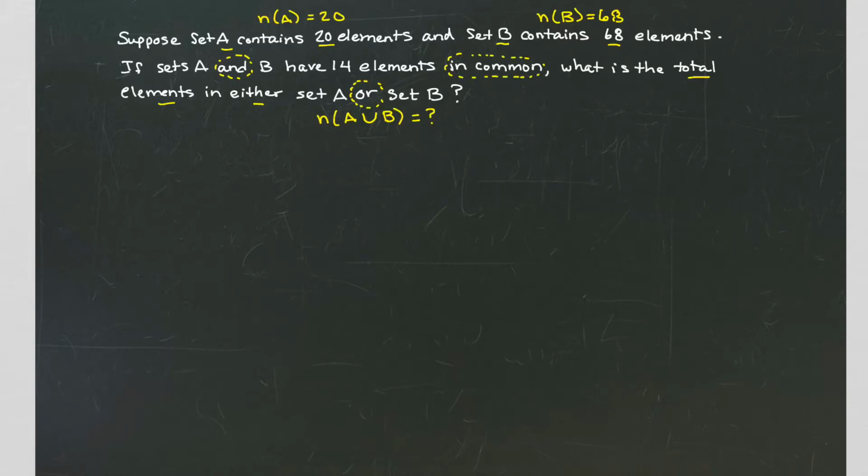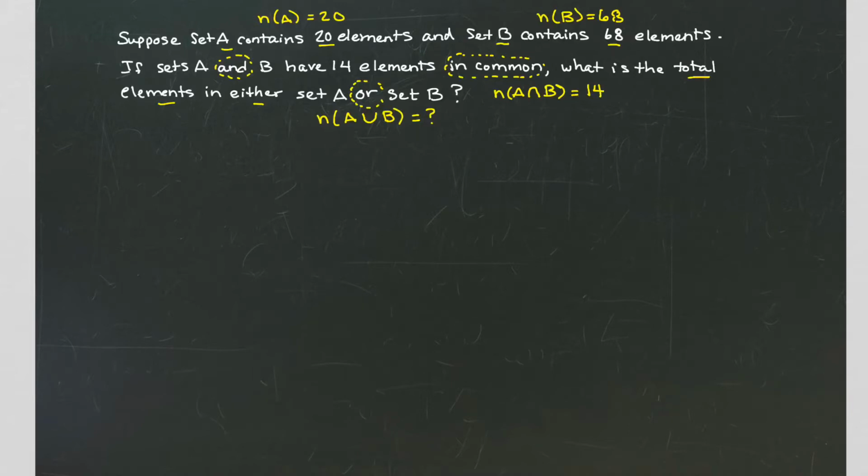I'm going to circle those key words because "A and B have elements in common" is a big flag that yells intersection. So that tells me that the number of elements in the intersection of A and B is 14.